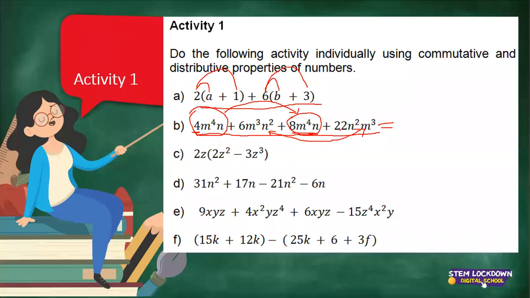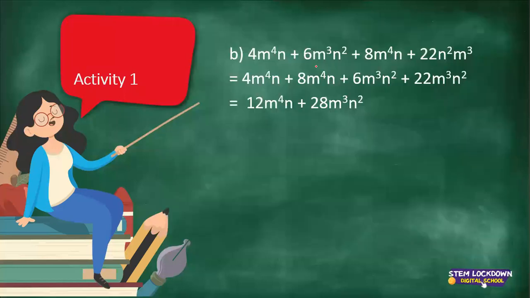Okay, let me check your answers, right? If your answer is correct. So for this one, B, as I'm trying to move quickly now, you can see that like terms must be added together, right? Now in this case, here we have n squared and m cubed, so it's the same as m cubed n squared, so this is the same. So the variables are swapped around.